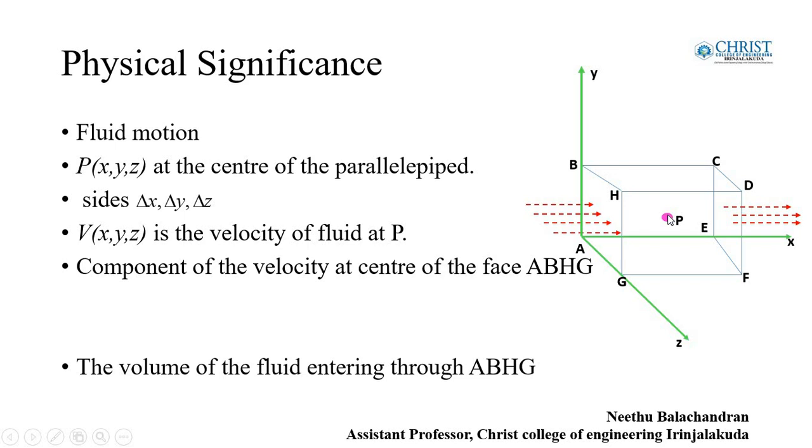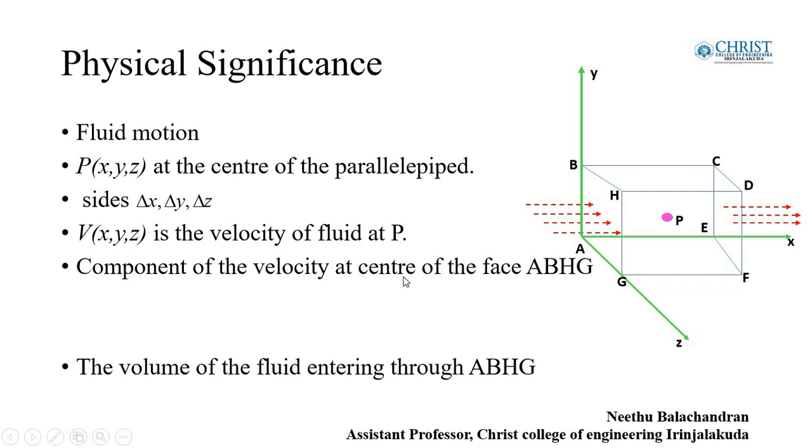As I told you, this point is at the middle of the parallelepiped, so if the sides are delta x, delta y, delta z, the distance can be approximated as delta x by 2, delta y by 2 and delta z by 2. The fluid is flowing along the x-axis, and we are going to check the net flow along the x-axis. For that I have a face ABHG.